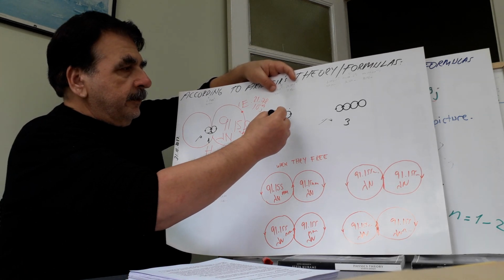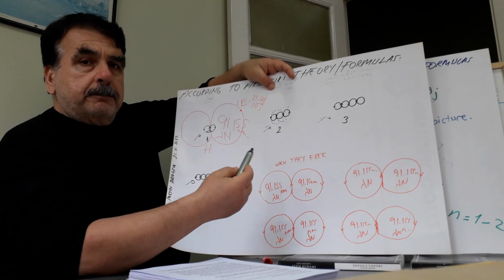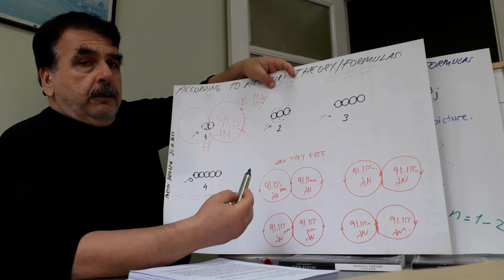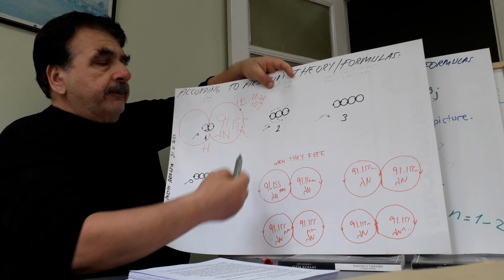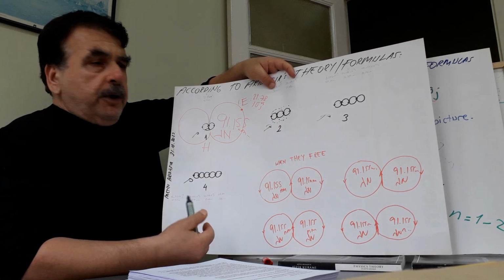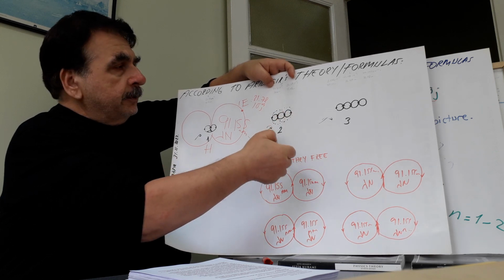Here, first electron motion form will change its wavelength under the effect of a proton, because there are two protons. Okay?